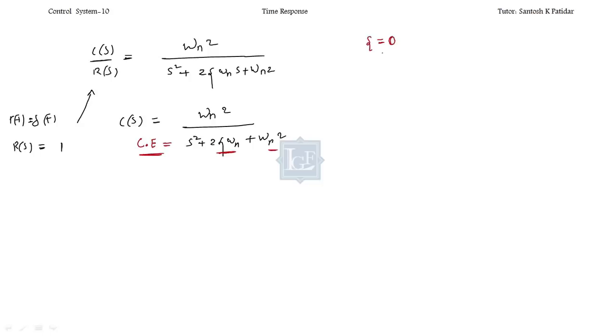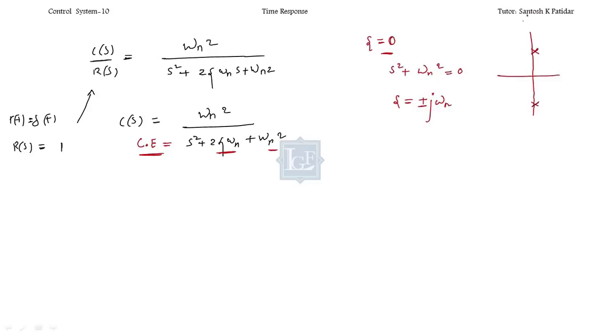If zeta is 0, your system characteristic equation is s square plus omega n square equal to 0. So you have poles at plus and minus j omega n, on the imaginary axis.